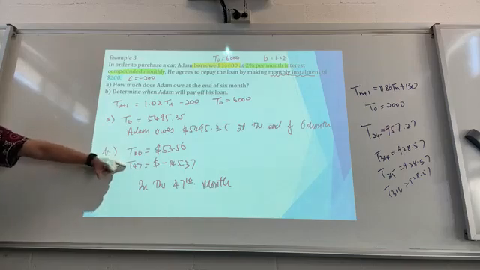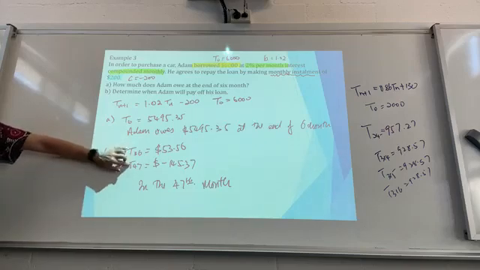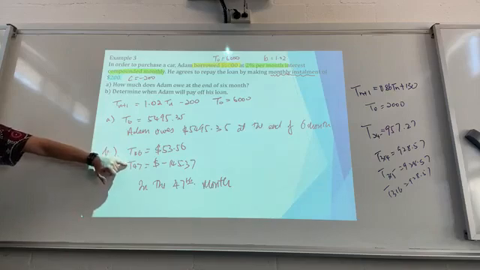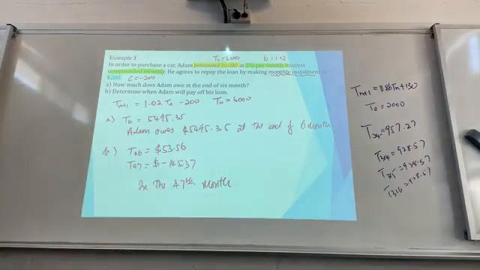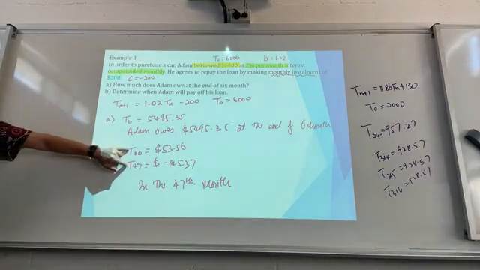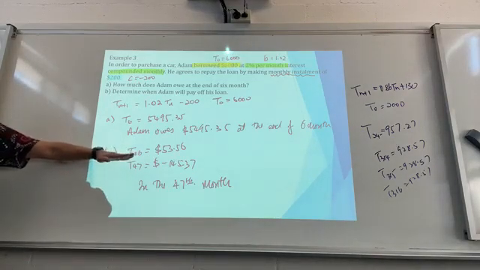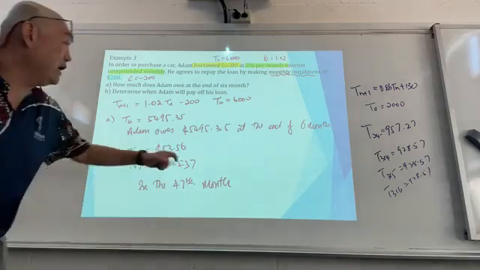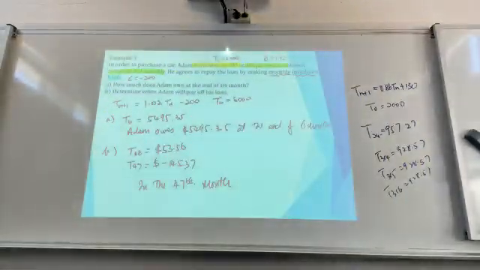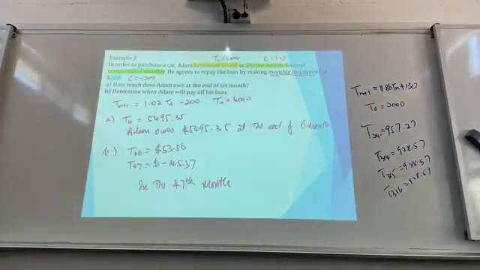So during the 47th month, when he paid back the $200, he will get a change of $145.37 from the bank. So think about it that way, and zero happens in the 47th month. Okay, so therefore he would have paid off the loan in the 47th month.